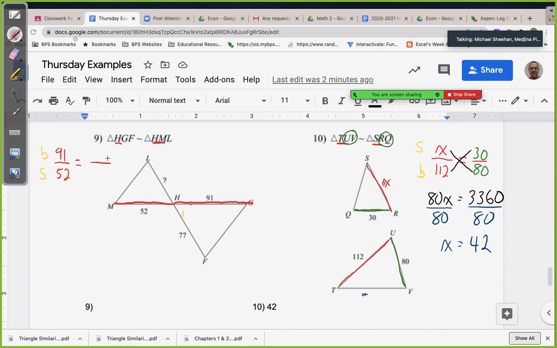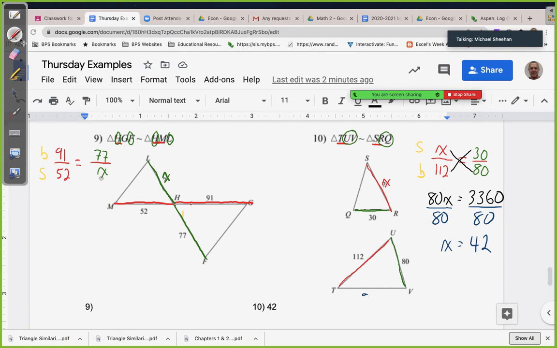What goes up top to here? 77. Good, the 77, right? Because don't forget that we got all the big triangle numbers up top. The only other number from the big triangle is the 77. And the 77 goes from H to F. That's the first letter and the third letter. So over here, H to L matches up. And that's my X.